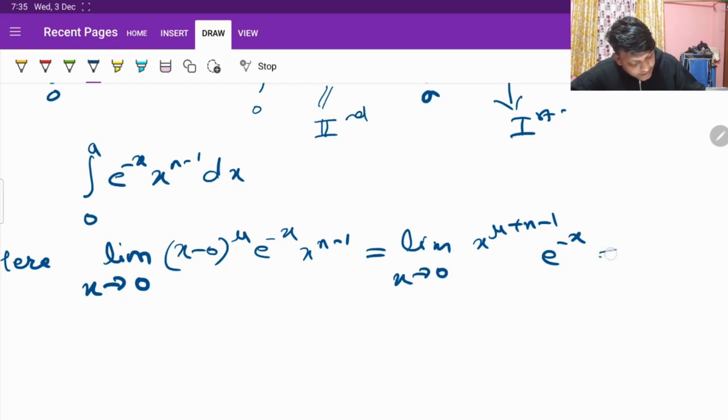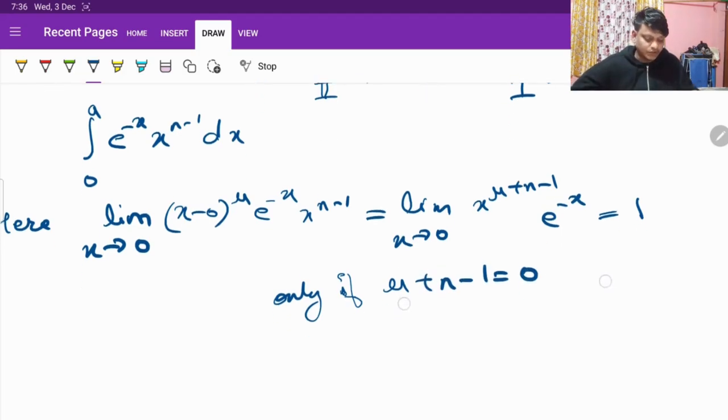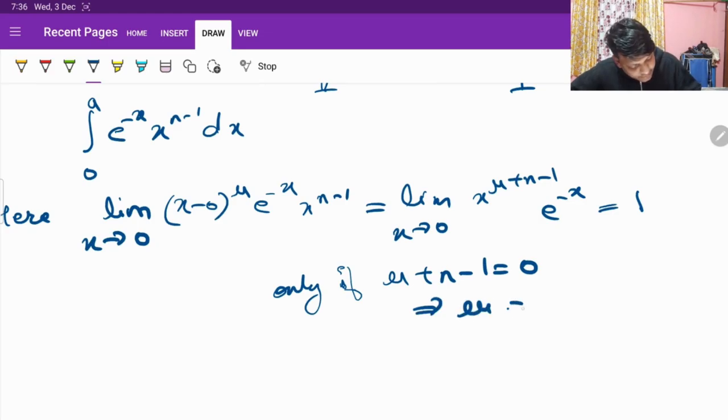Okay, so again we want to make this 1, so this is only possible if mu plus n minus 1 equals 0. Okay, so again we get the same value for mu, which is mu equals 1 minus n.